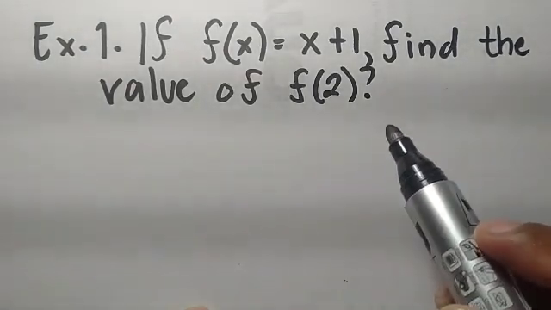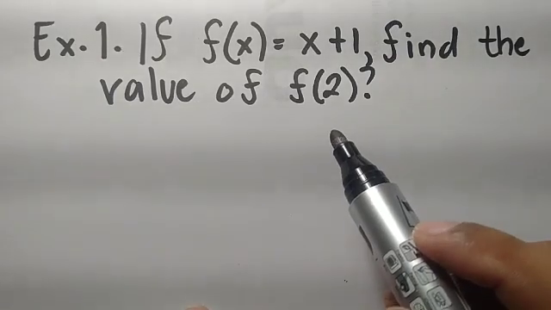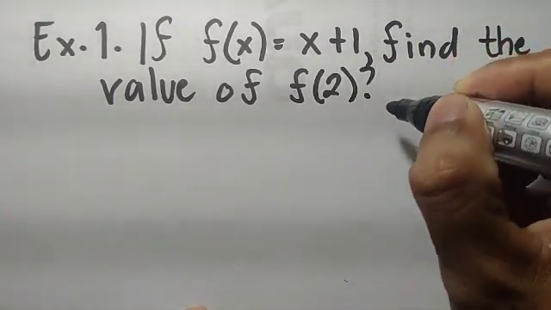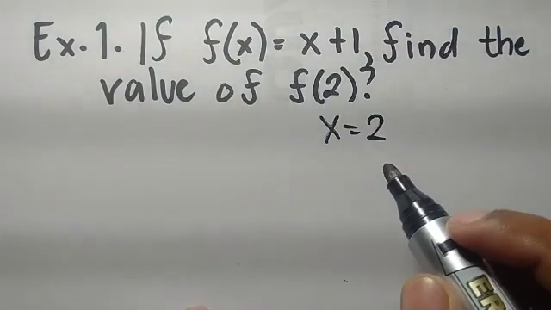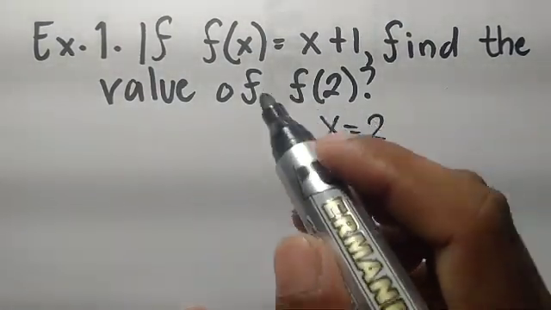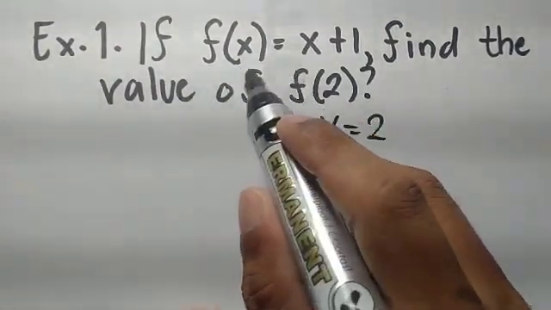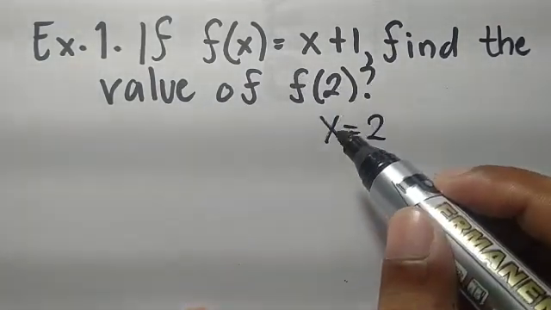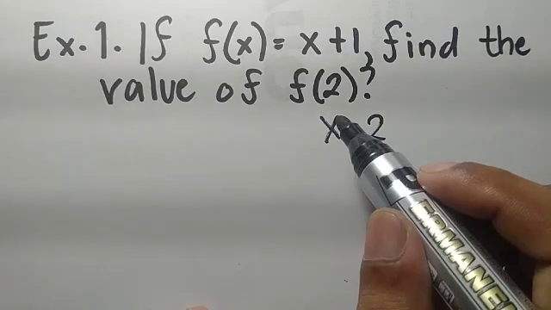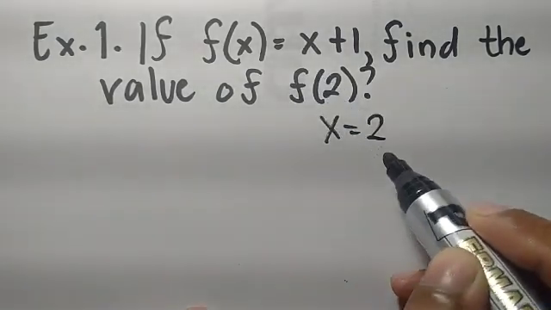We can see that x is equal to 2. Basically, x is the number inside the function f, and we're looking for the value of the function. So, what is the value of f when x is 2?